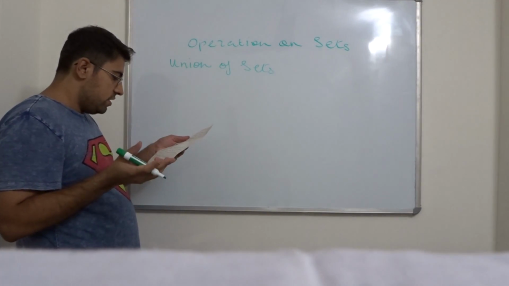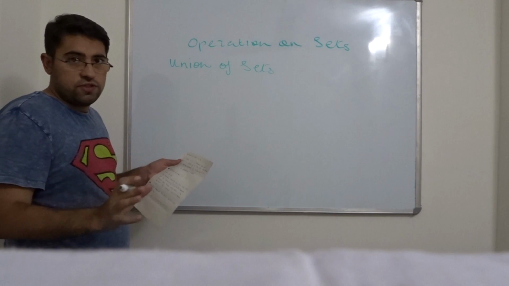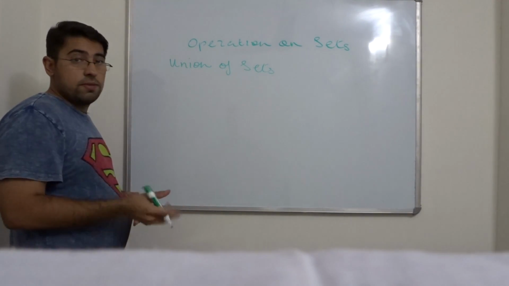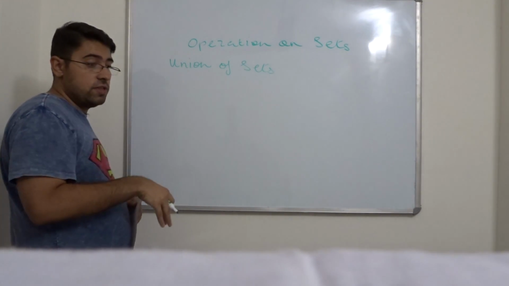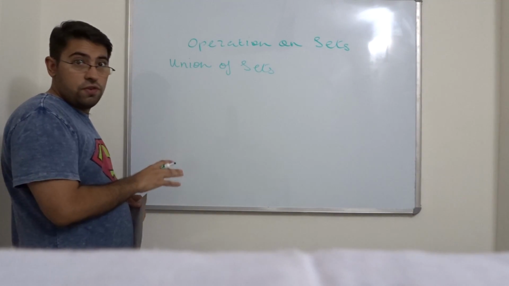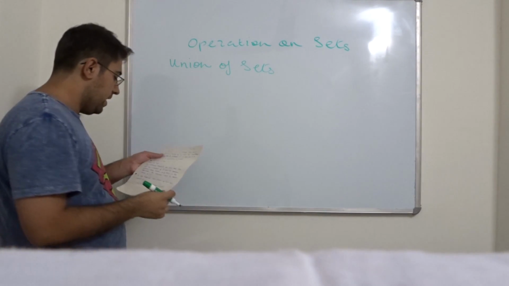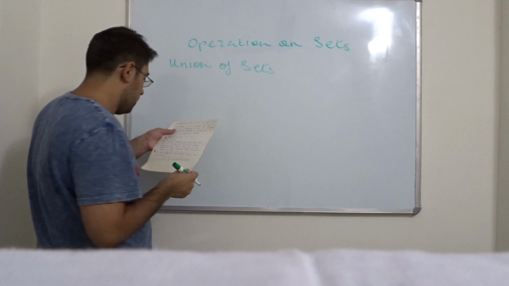So what is the union of sets? In the Venn diagrams I discussed right before this, I showed you what a union of sets is. Don't worry, I'm going to show you again, but let me just explain what the union of sets is.